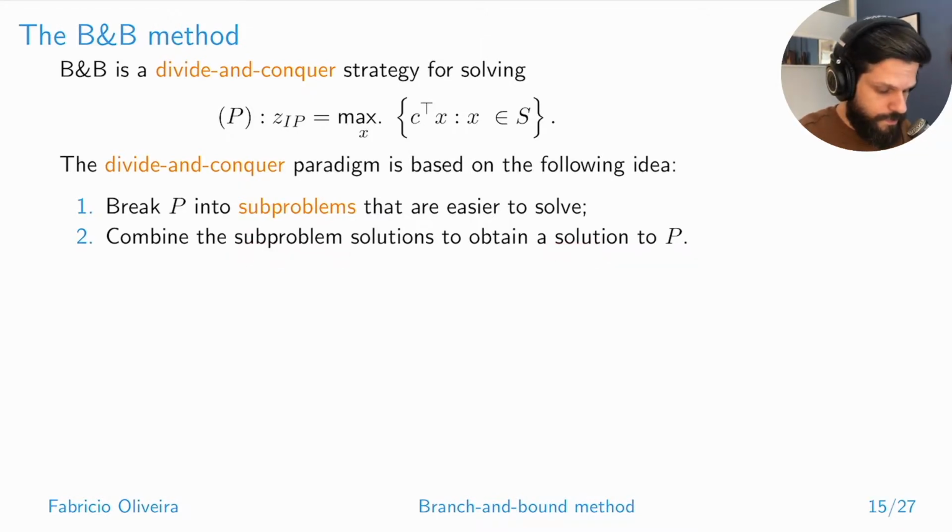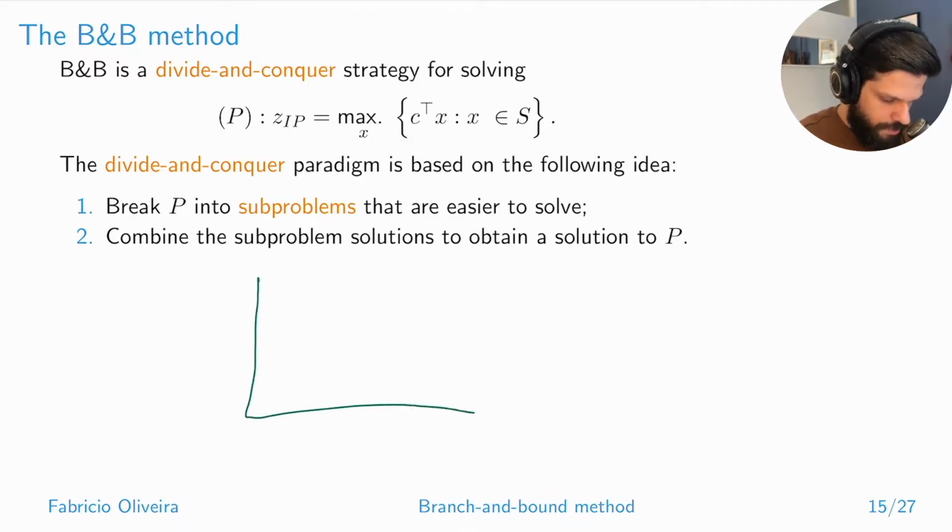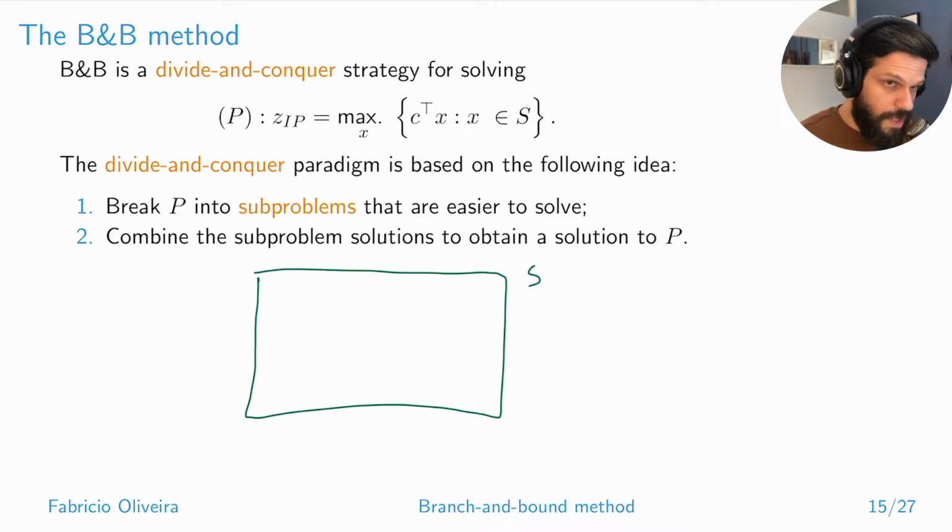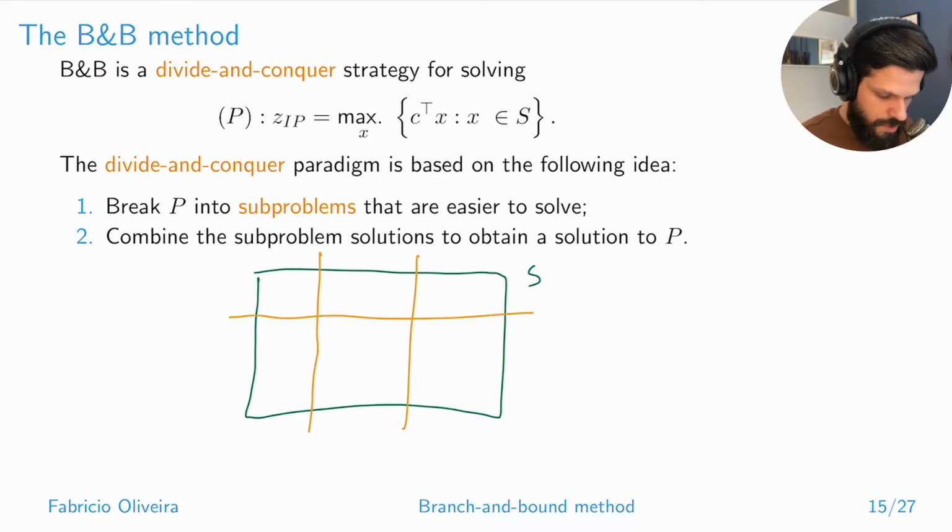problem P. So one way I like to visualize this is that suppose we are looking for a solution within this space called S. And what we do is we break S into more manageable subparts. So this being S1, this being S2, all the way to Sk, say.